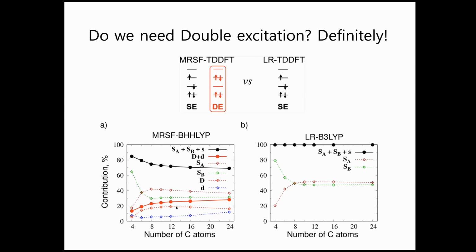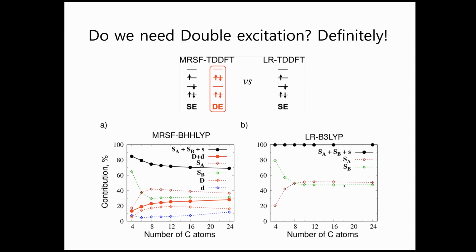If you go to a little higher excited states, then the contribution of the doubles increases up to 50%. On the other hand, linear response TDDFT does not have any double excitation configuration, it only utilizes the singles and tries to do whatever it can.